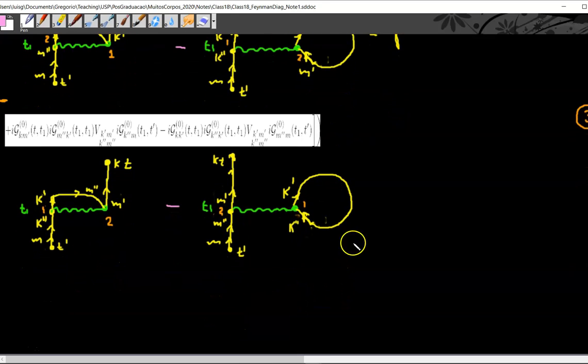Let me just tell you that sometimes it's better to write this diagram in this form, okay? It's more common to do something like m t, something like this, and then a wavy line here. This is also topologically equivalent. The only thing that's not so good here is that these points are not at the same time.